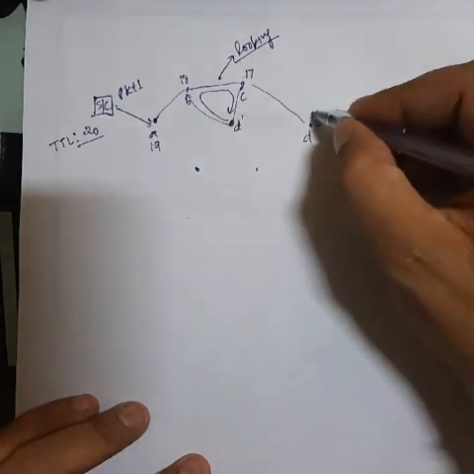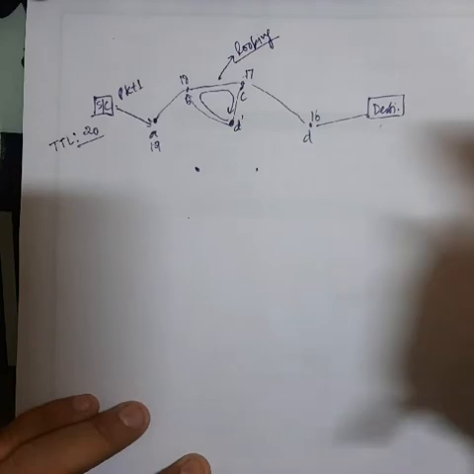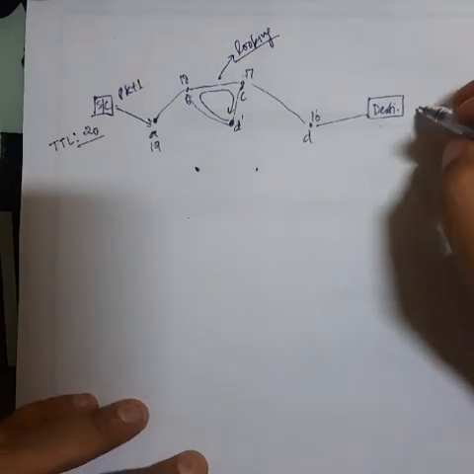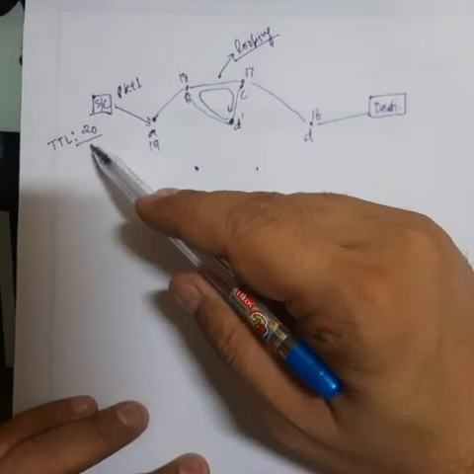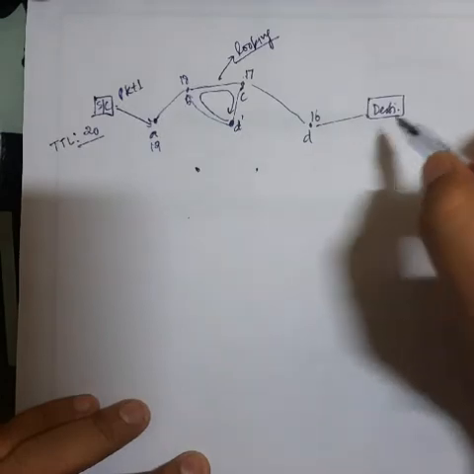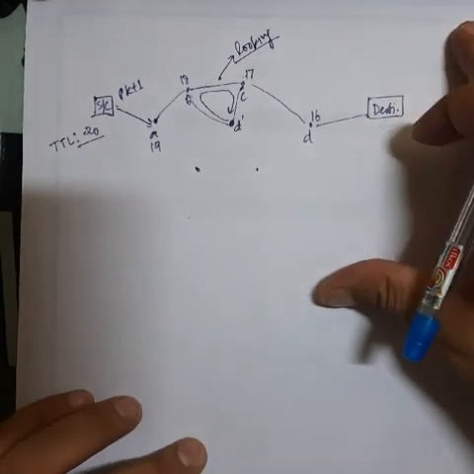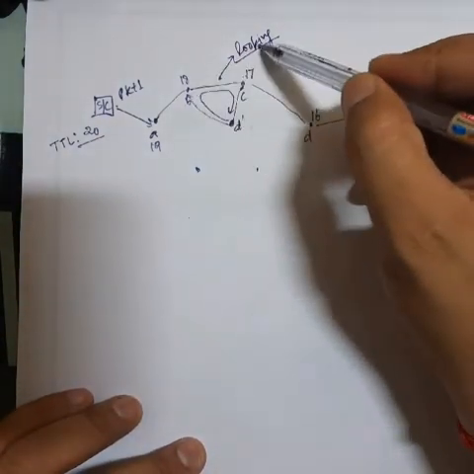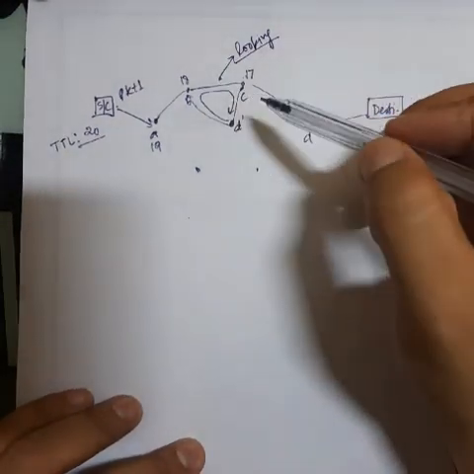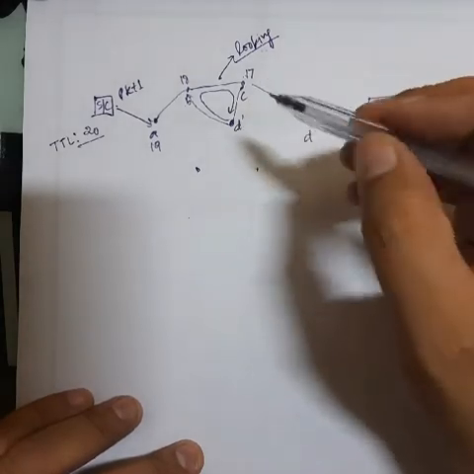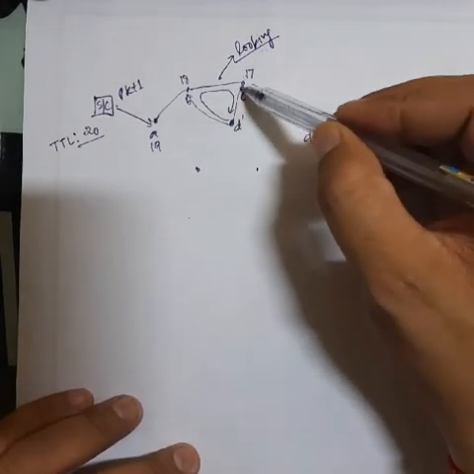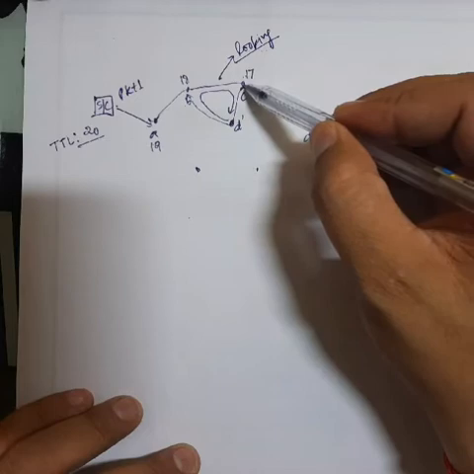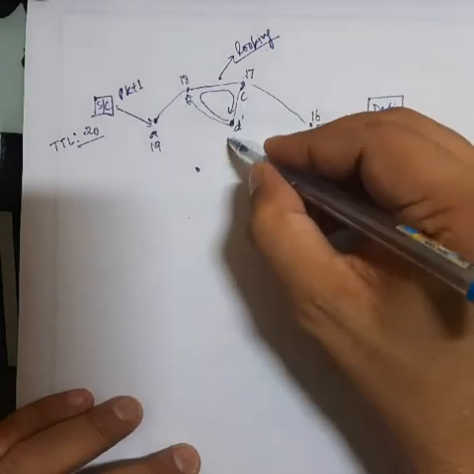At D it will change to 16, and now it will finally reach the destination point. So within this TTL value, if the packet arrives at the destination, there is no problem during this transmission. But if the packet goes into this situation of looping somewhere due to some noise or corrupt information in the header, every time after 17, the value at D dash is 16.